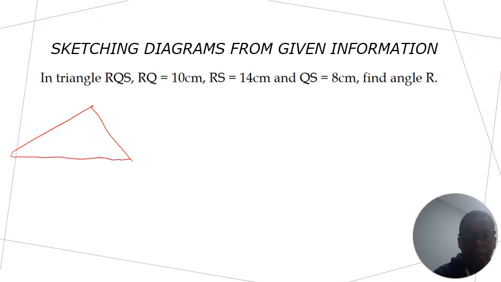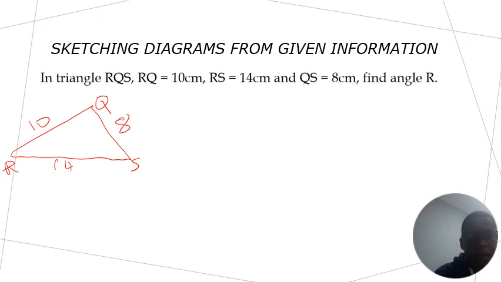It's just a sketch, okay? And that triangle is labeled as R, Q, S, and RQ is that distance. It's given as 10 centimeters. RS is given as 14 centimeters, and QS is given as 8 centimeters.